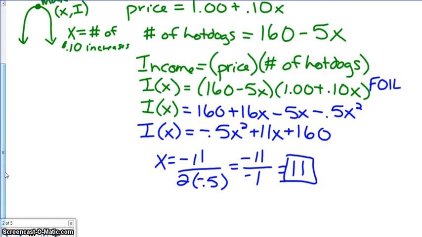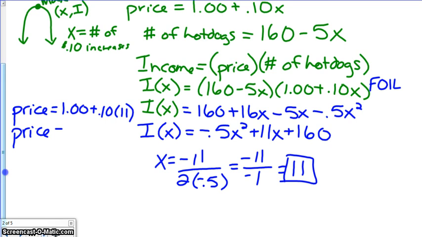X was just the number of 10-cent increases. So our new price is going to be our $1 starting point plus 10 cents times 11 increases, which gives us a price of $2.10 to maximize our profit.